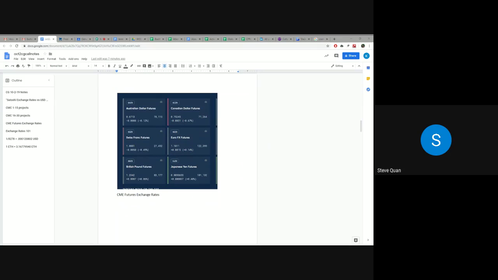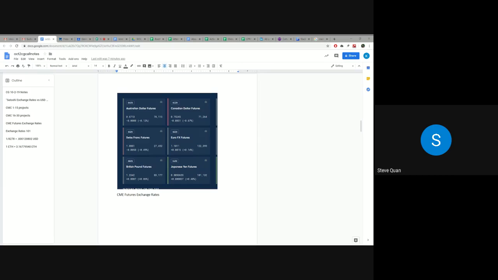Now we're going to start with FX exchange rates. If some people are familiar with this, bear with me because I just want to make sure everyone is up to speed. So look at the British pound. It's 1.23, i.e. 1 pound is equal to $1.23.